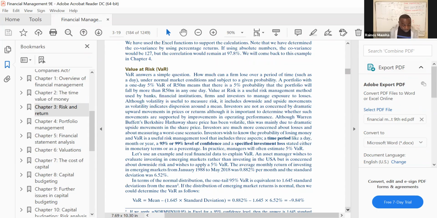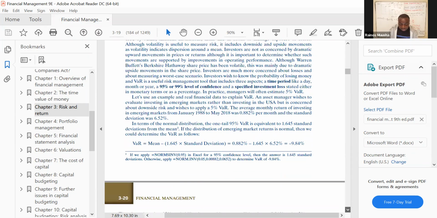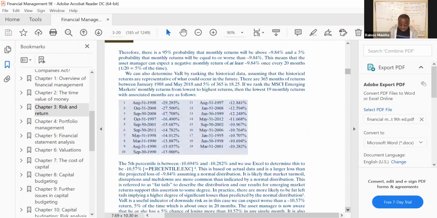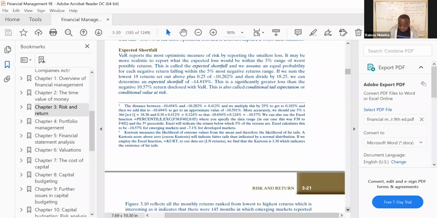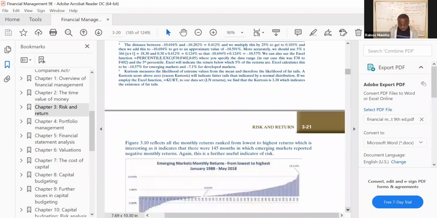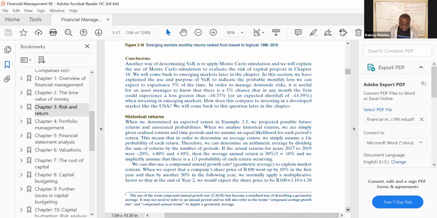But for Fin4801, don't worry about it. You are never going to be asked to calculate value at risk, so leave it out completely. Expected shortfall, leave it out completely, because it's also related to the calculation of value at risk.